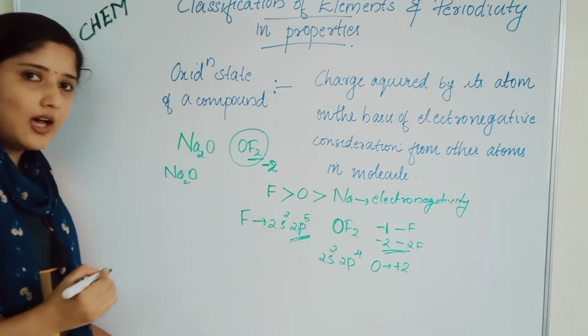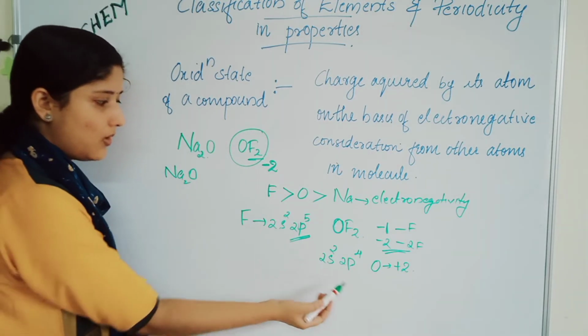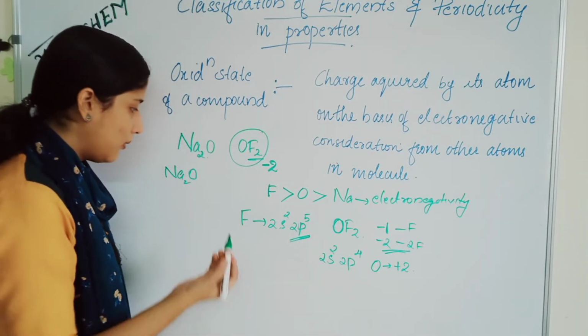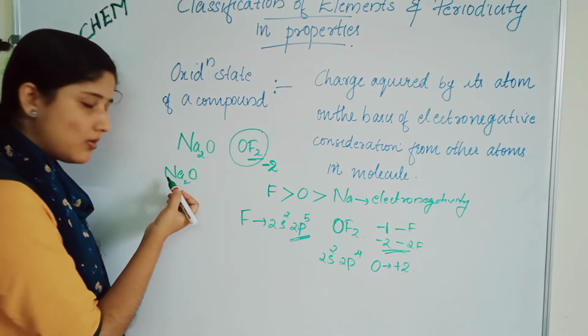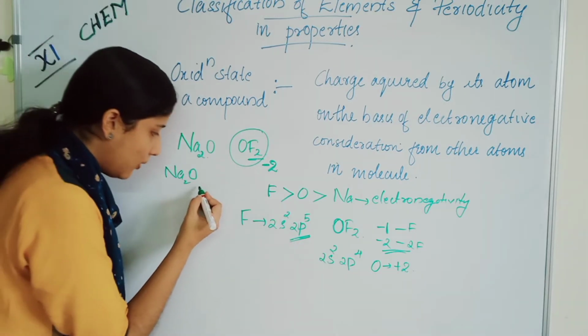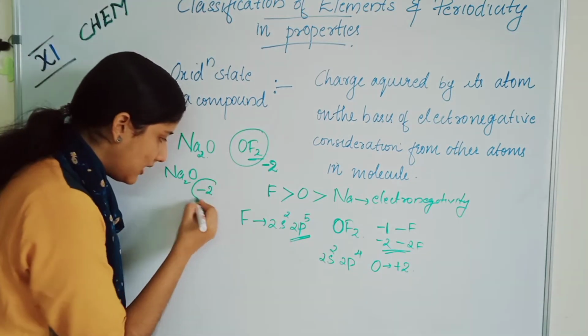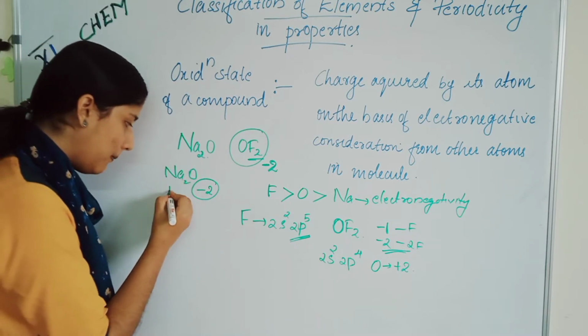Oxygen has the highest electronegativity. The electronic configuration of oxygen is 2s2 2p4. It needs two electrons, so it will share two electrons from the sodium, and it will have the oxidation state of -2. For one sodium it will be +1.